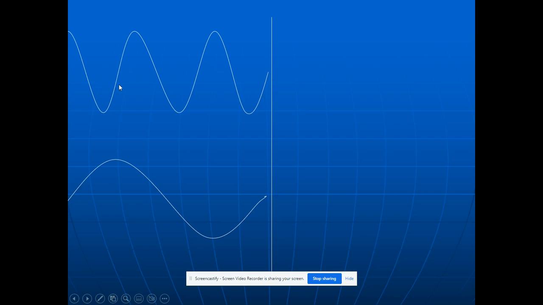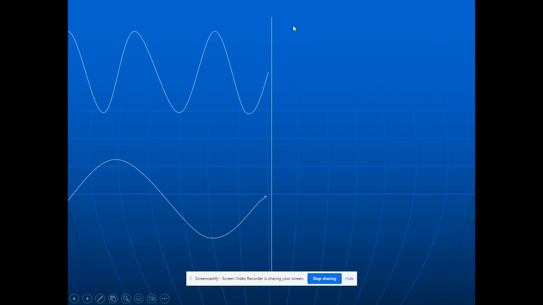As you can see, the wave on the top here goes through a cycle much faster than the one on the bottom here. Actually, we're seeing what, one, two, like two and a half, almost three cycles in the top wave here. And here we're only seeing one in the bottom wave. So we say that the bottom wave here has a larger wavelength. The top one has a smaller wavelength.